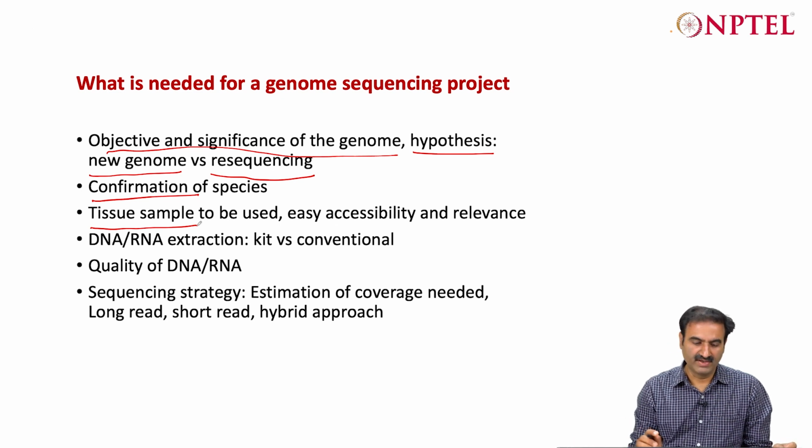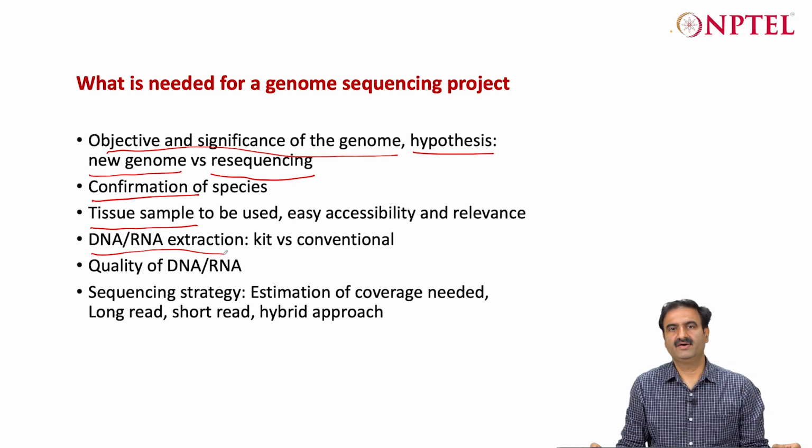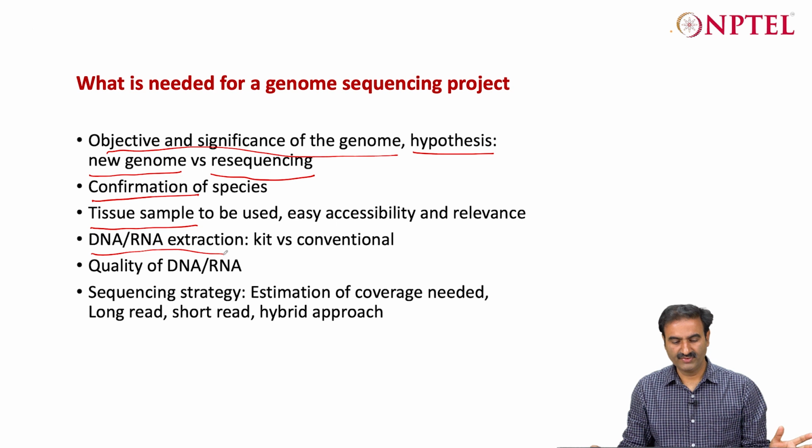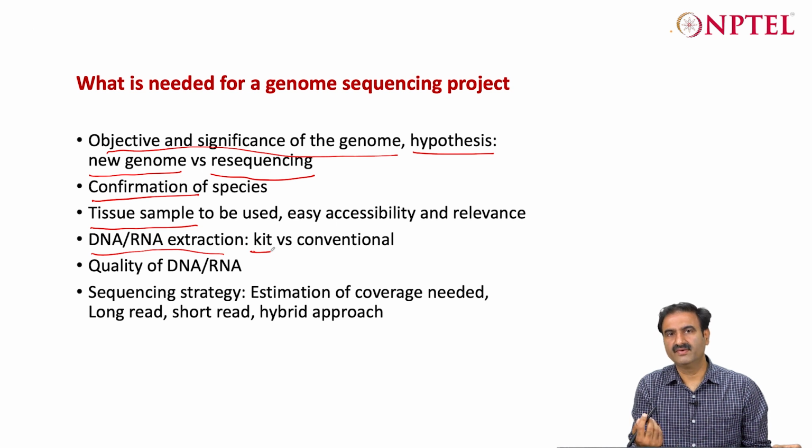easiest methods. Then you have to extract the DNA and RNA for various molecular biology and sequencing experiments. The choice is to either use a kit which is already available, which has advantages and is sometimes a good choice, but sometimes the tissue is difficult to get pure or high quality DNA out of.